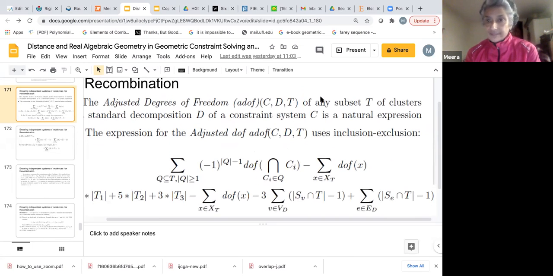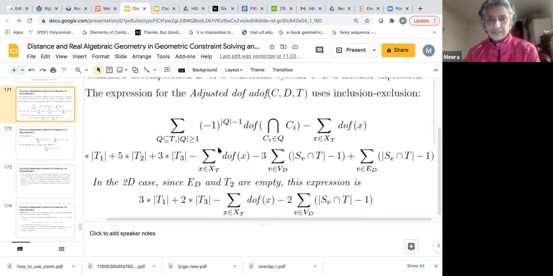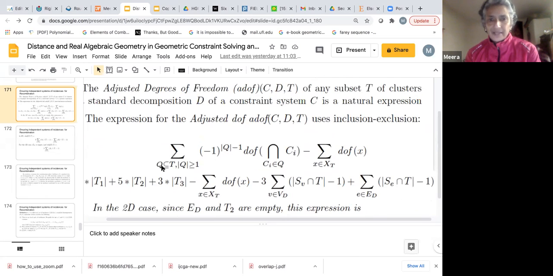If you have the standard decomposition, which we called the canonical decomposition of a constraint system into its maximal rigid subgraphs, then the expression for the adjusted DOF uses this inclusion-exclusion, which is simple. It says that for every subset, you take the subset of the set of children.